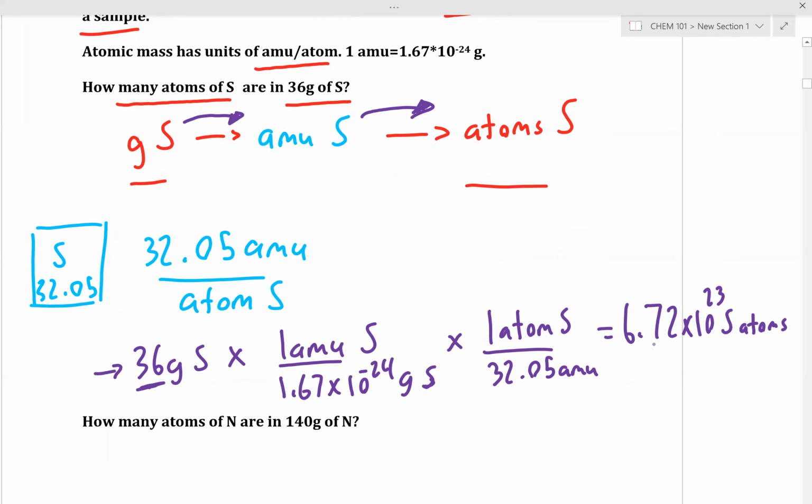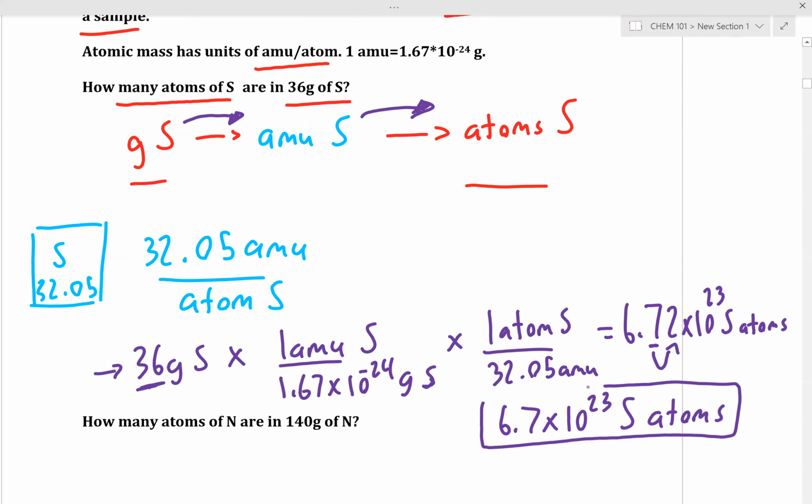So I look at my last digit, I look to the right, is 2 less than 5? Yes, so then we round down and that gives us 6.7 times 10 to the 23rd sulfur atoms. And do not forget your units in this chapter because the units are critical to both solving the problem and reporting your answer. A number without units is meaningless.